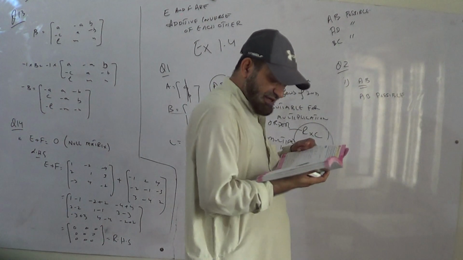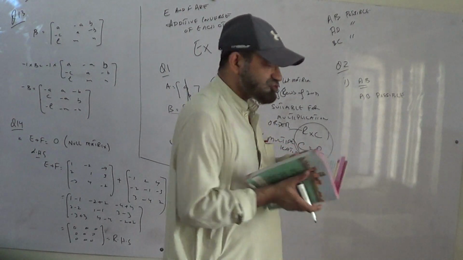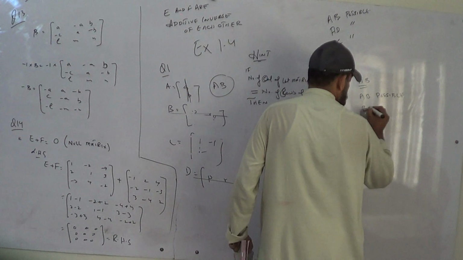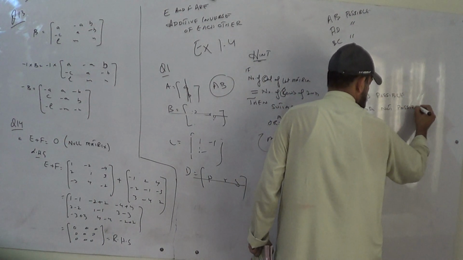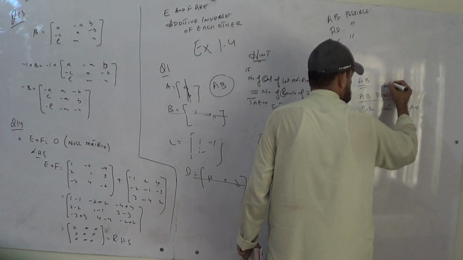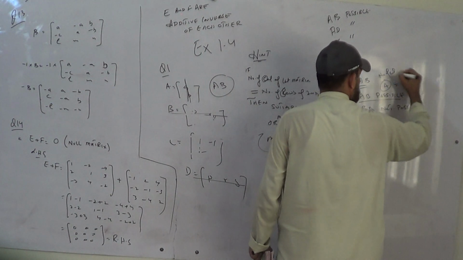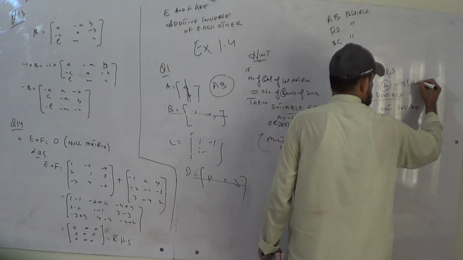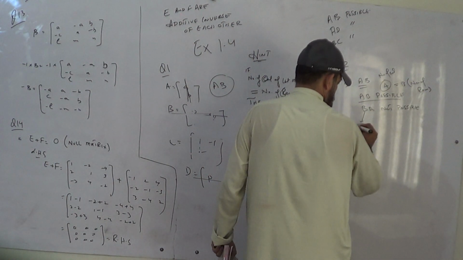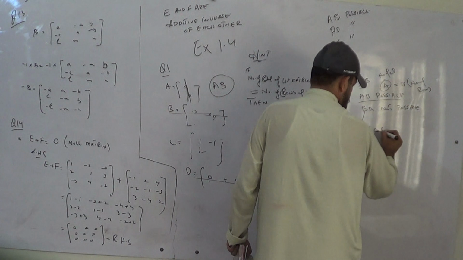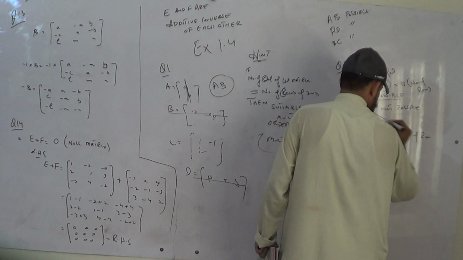The second part, BA: the number of columns in B is 1, the number of rows in A is 2. BA is not possible, because the number of columns is not equal to the number of rows.